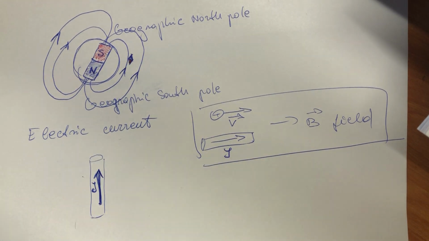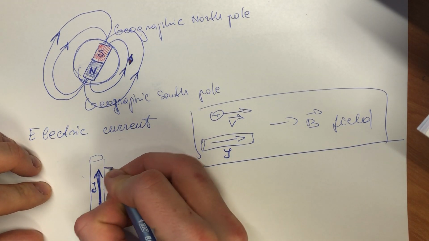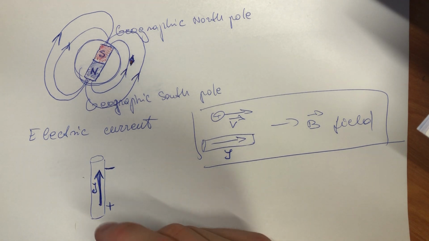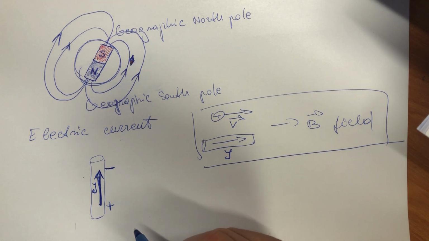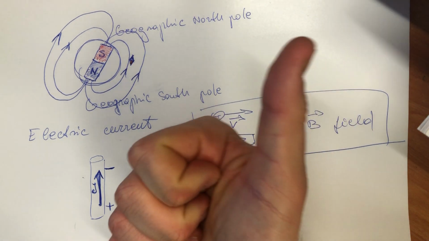We have current flowing from plus to minus. As you remember, electrons flow from minus to plus, but the current is flowing in the opposite direction because it was historically defined. For this we use the right hand rule, as it's called.